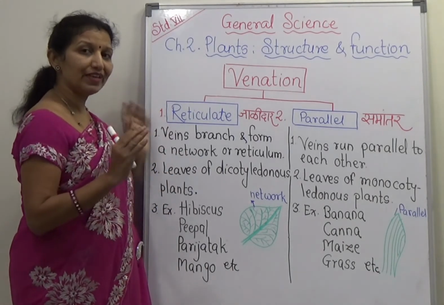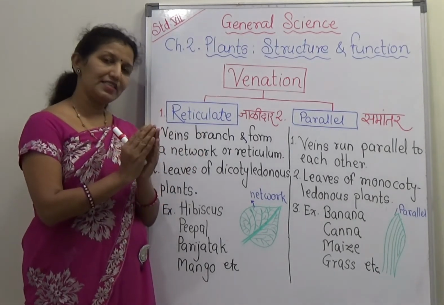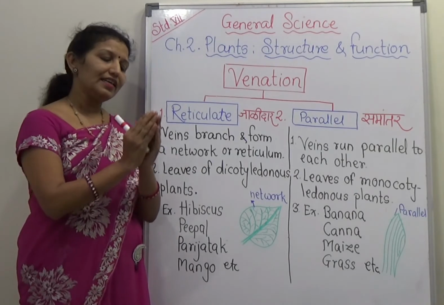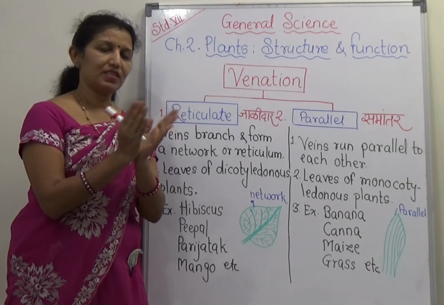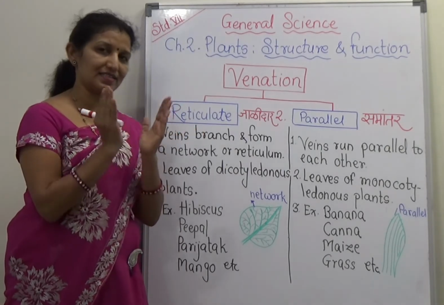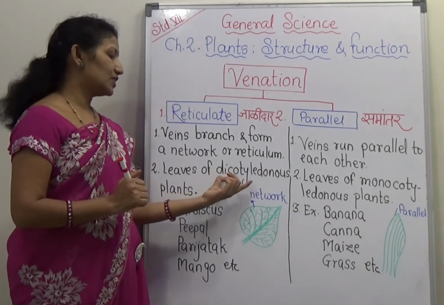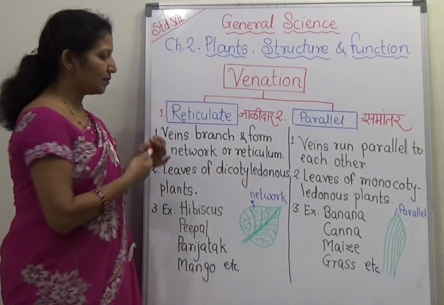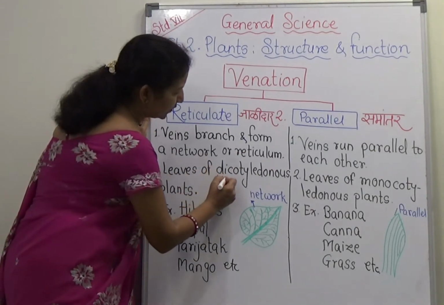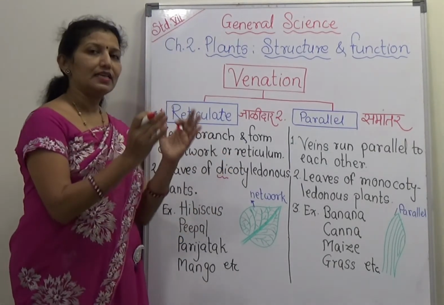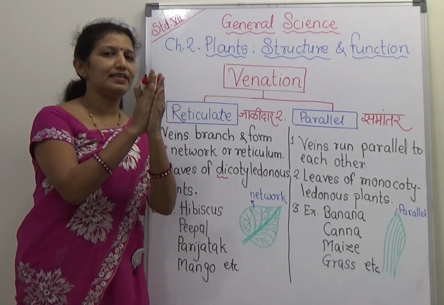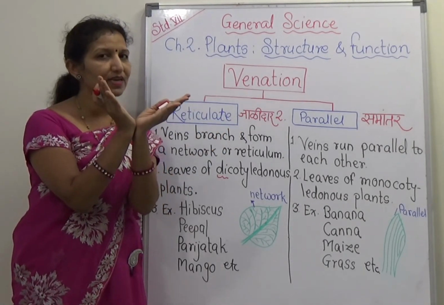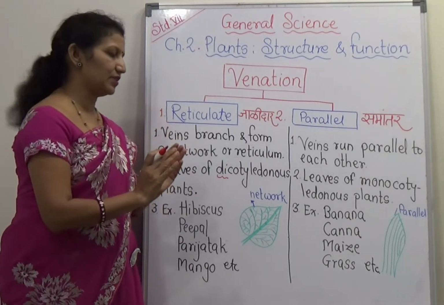Dicot means dvidal. If we take a dicot seed, it can be divided into same equal two parts. Di means two, so it can form two cotyledons if it is a seed, and it can be divided into two equal parts. That's why it is called dicotyledonous.